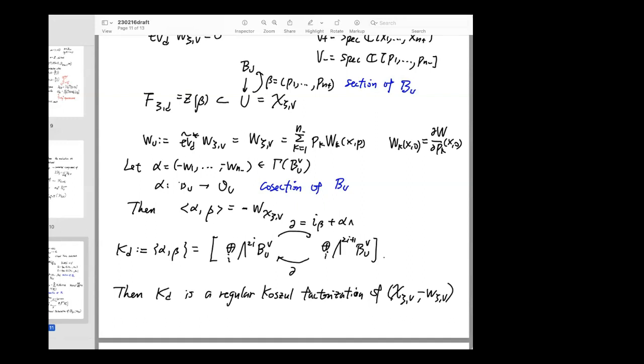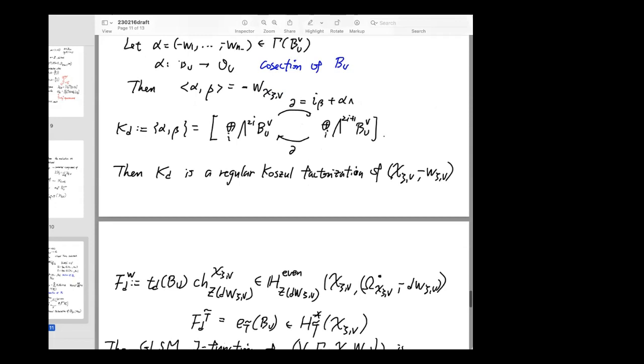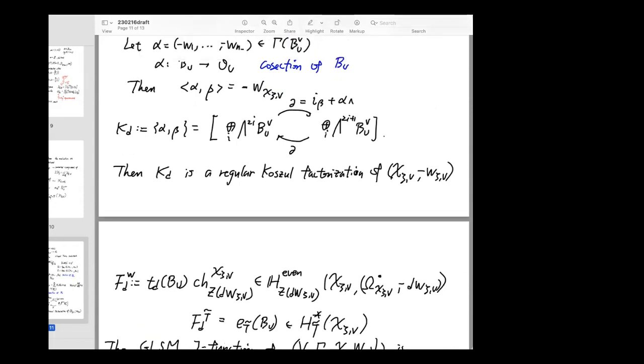But I think they first construct this categorical version, and this can be used to define K-theoretic GLSM invariants. To decategorify it, we take the Todd class and the localized Chern character of this regular Koszul complex.